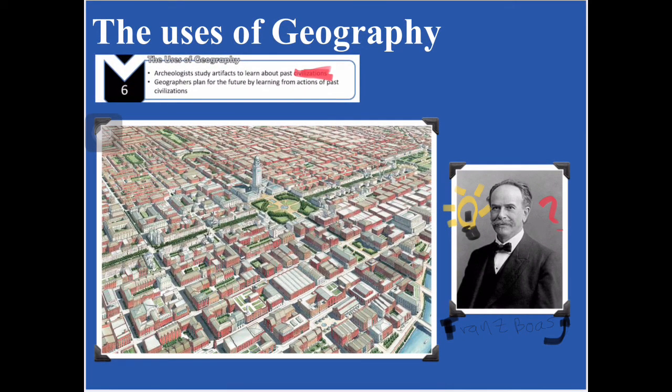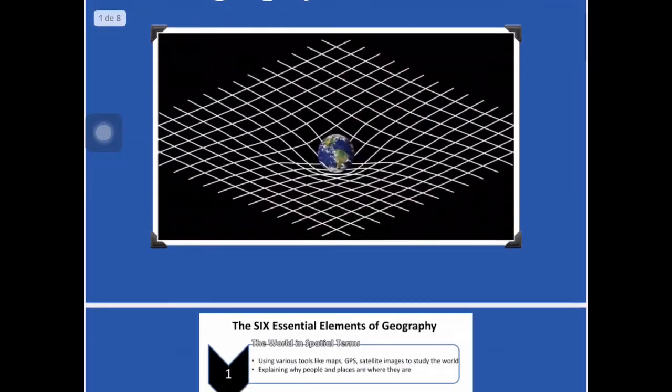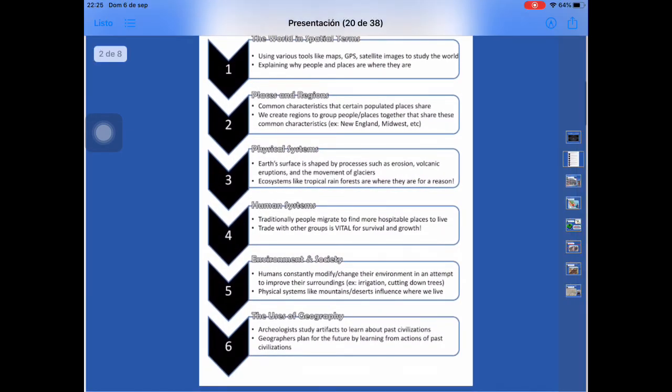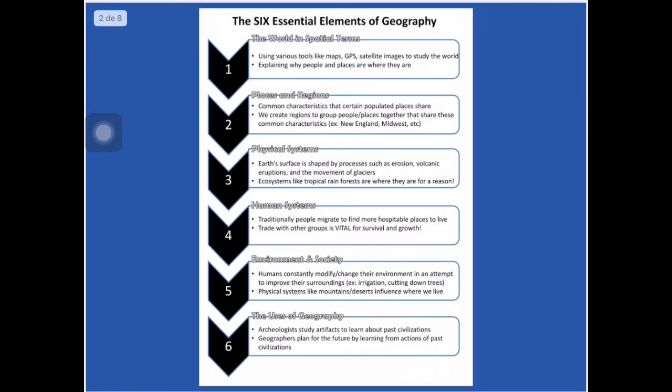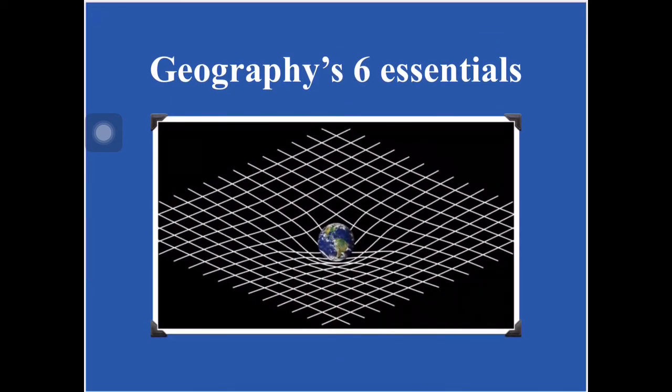So again, boys and girls, these were the six essential elements of geography, and they are just another way of thinking about geography, just as the five elements that we saw. They are very, very similar.